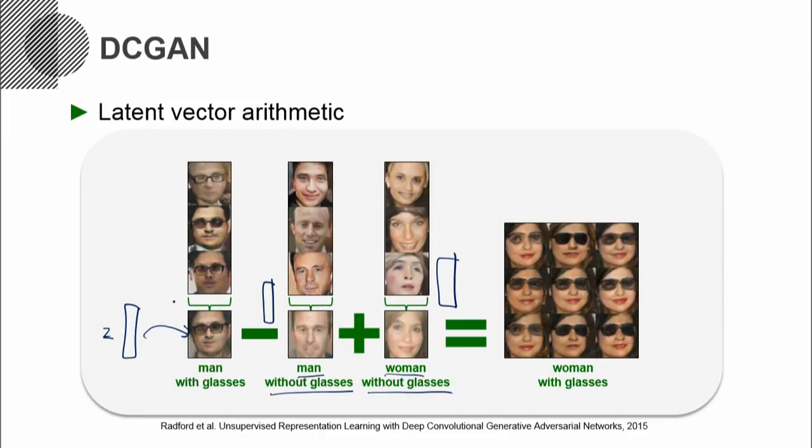When we perform the subtraction between the first two vectors, semantically this can be viewed as having the semantic meaning of wearing glasses, because the common part of being a man's image will be cancelled out by this subtraction. Then this semantic part of wearing glasses can be added to the latent vector that corresponds to the woman without glasses.